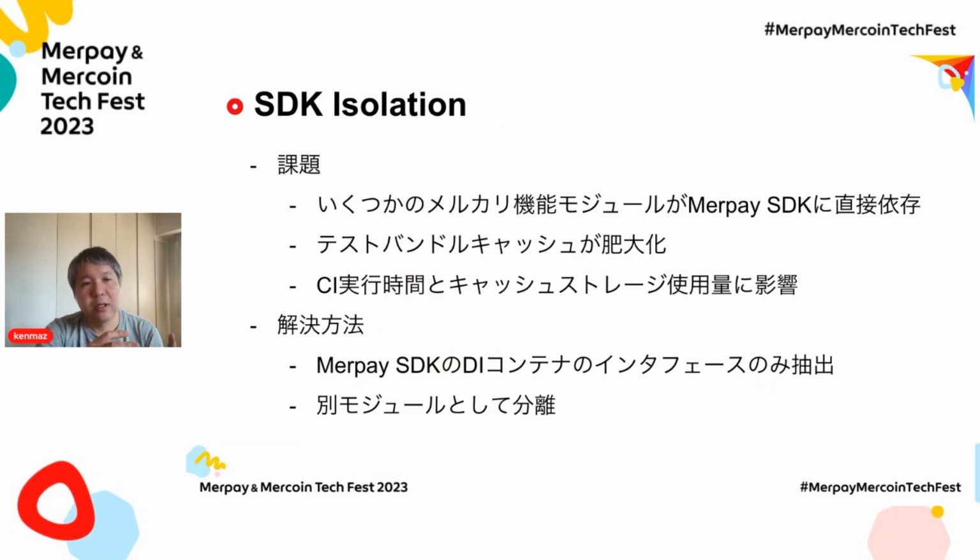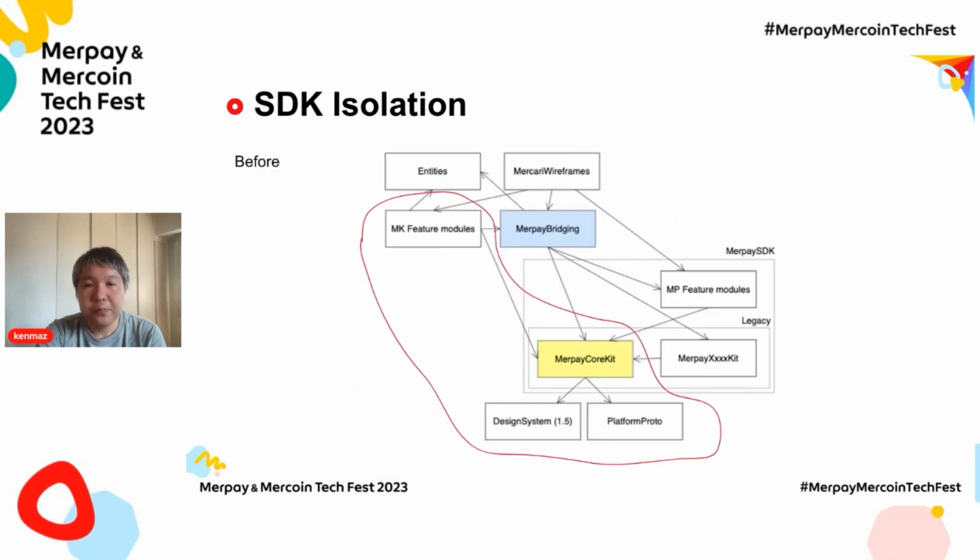I will talk about the details later, but by having this issue, the test bundle cache gets too big, and that causes the CI execution time or the cache storage usage volume to be impacted. And so, as the SDK isolation project, the Merpay SDK DI container itself will be extracted, and we would separate that as a separate module. So that was a design change that we conducted.